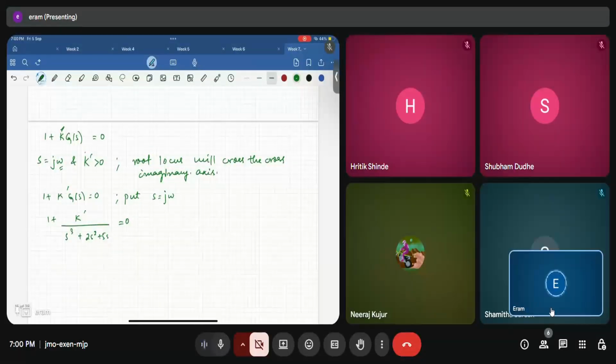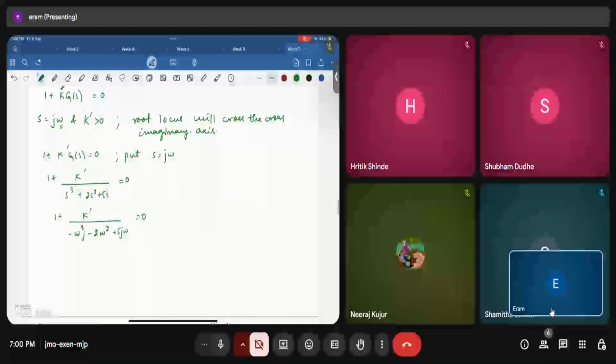If we put s equals j omega, it will be minus j omega cube minus 2 omega square plus 5j omega plus k dash equals 0.